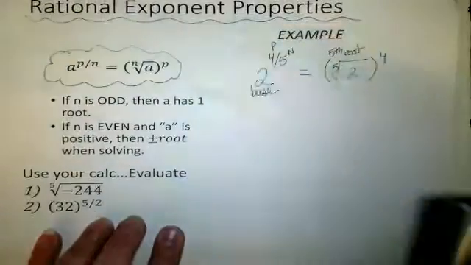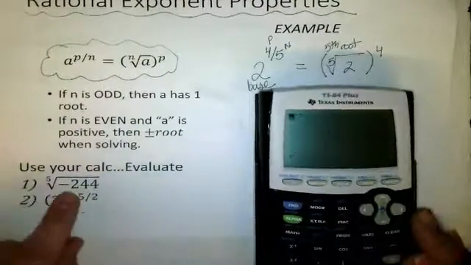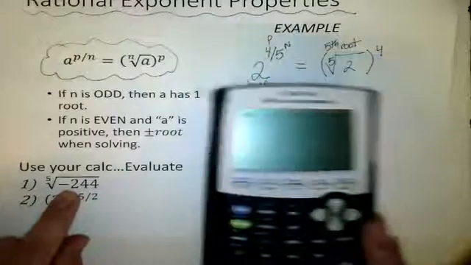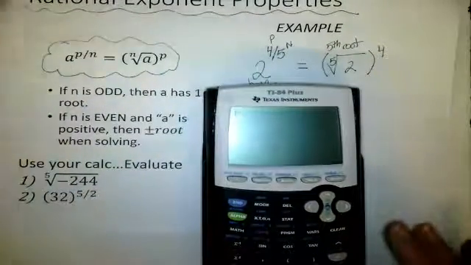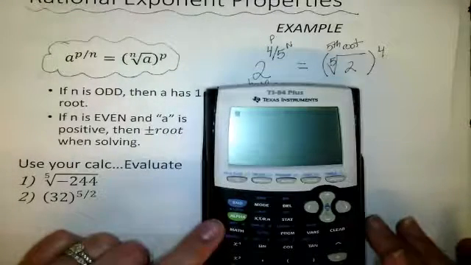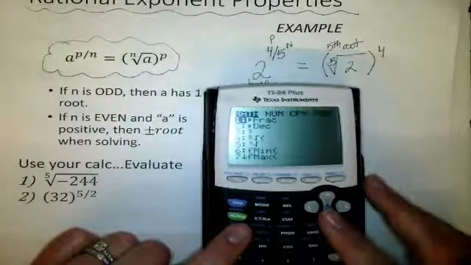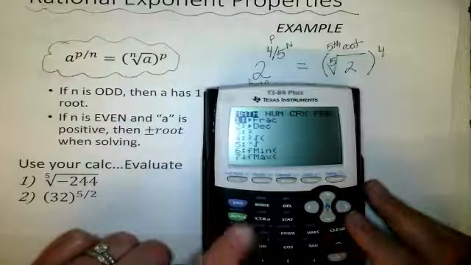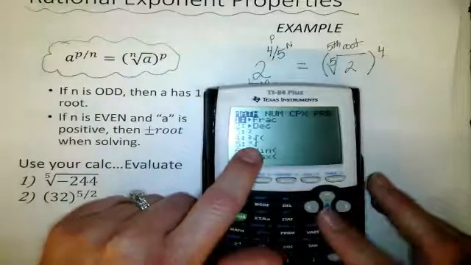To use your calculators here, the 5th root of negative 244. If you have a TI, the 5th root is under the math menu. Under the math menu, you can see there's an xth root.